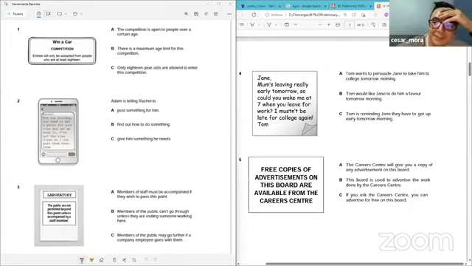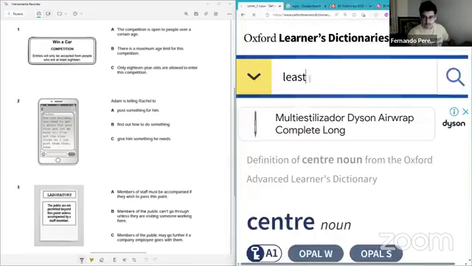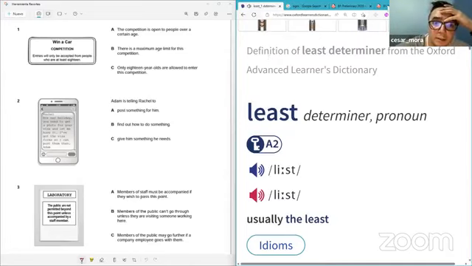This says entries will only be accepted from people who are at least 18. Pronunciation: least. Least 18.